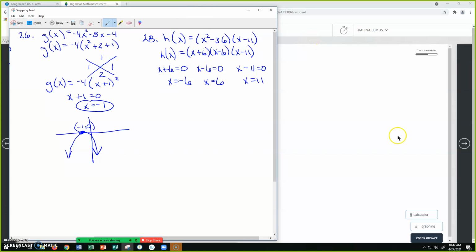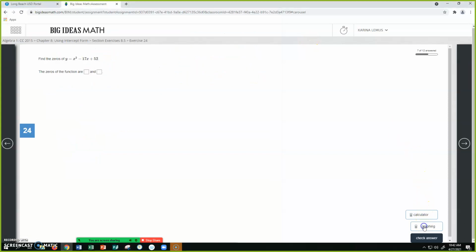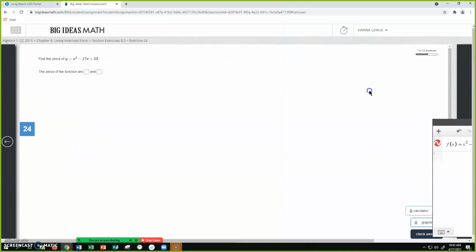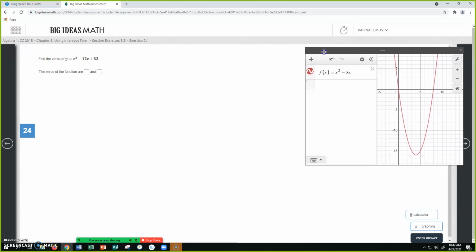That's what I'm expecting, and this is going to disappear, I believe. It does. But let me just put it right here, and we'll see that again. So we had y is equal to x squared minus 17x plus 52.